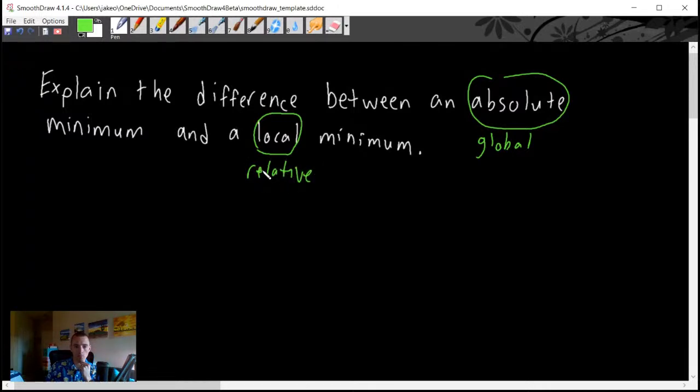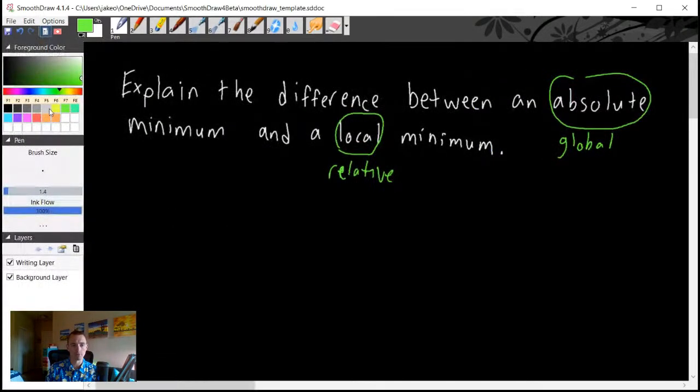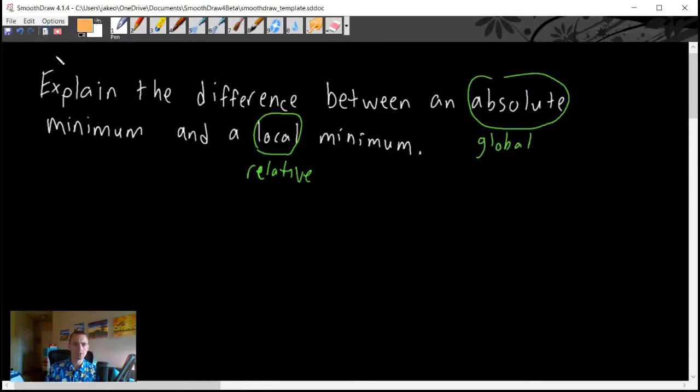So a local minimum or maximum is the same as a relative minimum or maximum. Either way, these are two different concepts within the realm of extreme values, so I wanted to touch on the difference between them.